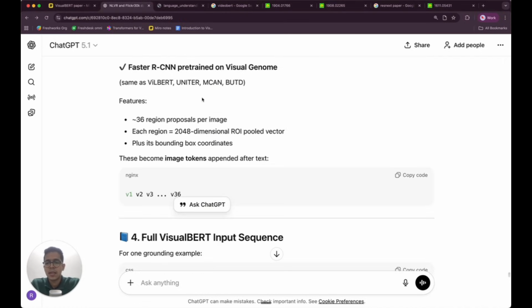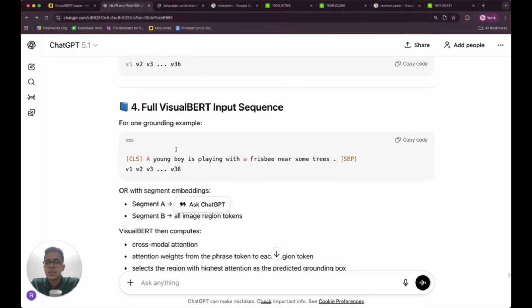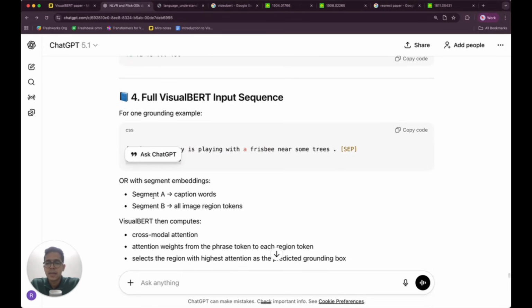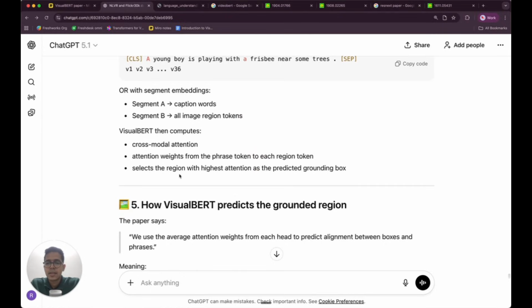I just want to see the output. The input sequence will look like: a young boy is playing with frisbee near trees, separator token, followed by the image regions. Segment A is the caption words. Segment B is all the regions from the image. Then it selects the region with the highest attention as the predicted grounding box. I see.